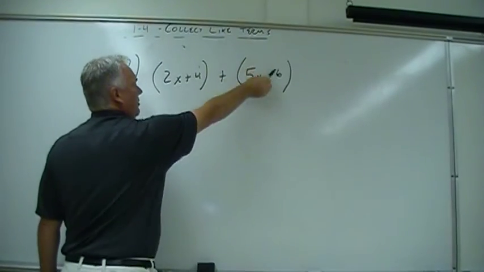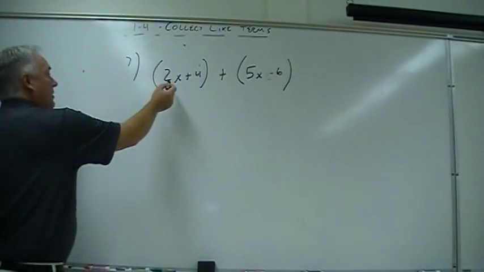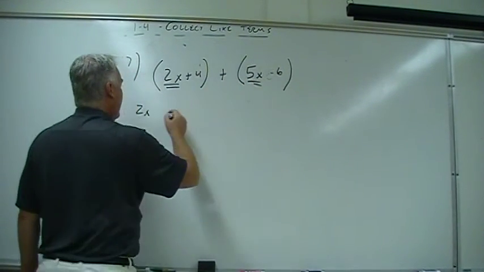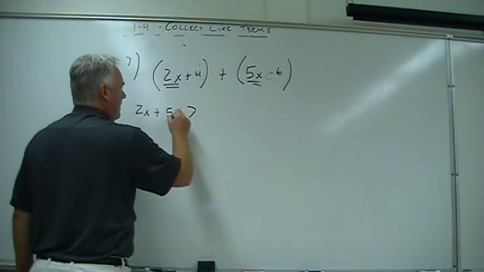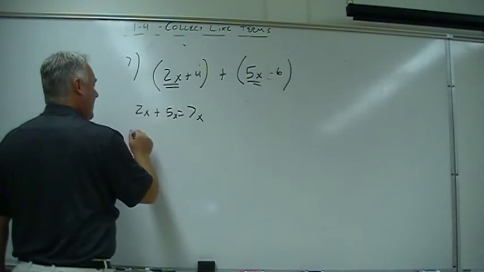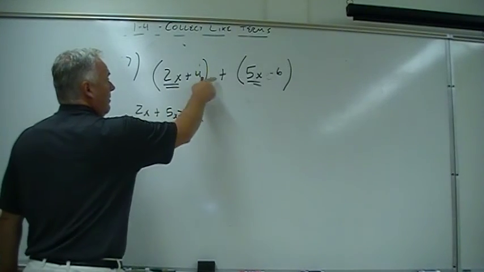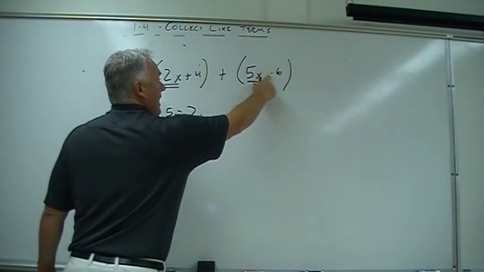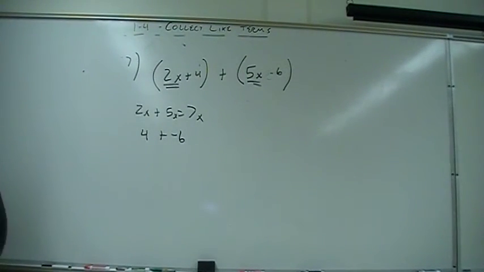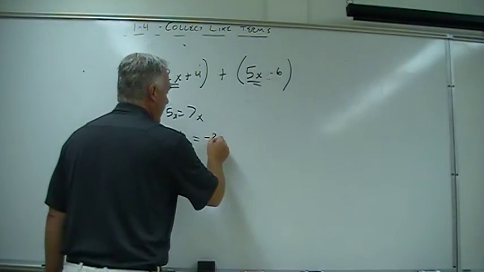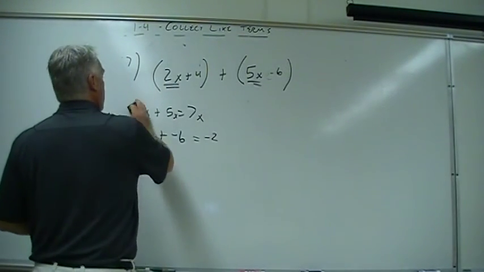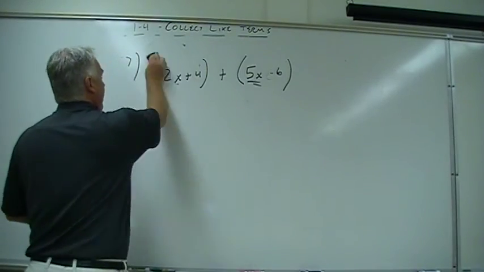This plus goes to both things. So 2x plus 5x equals 7x. Then with the whole numbers we have 4 plus negative 6. Okay? So 4 plus negative 6 equals negative 2. And that's our answer for that one.